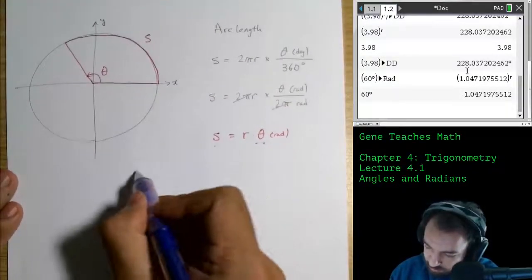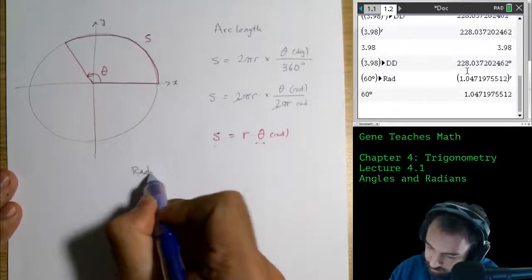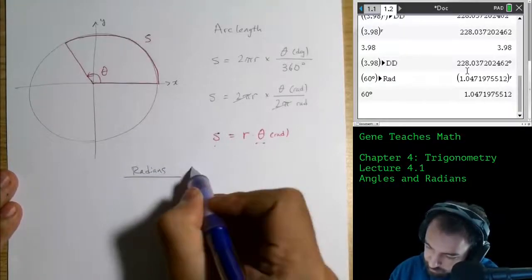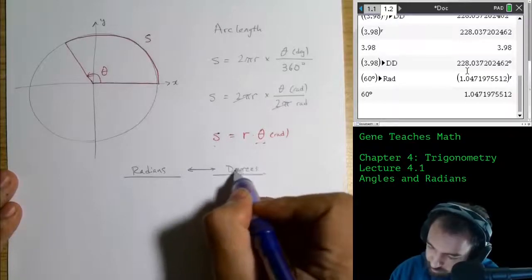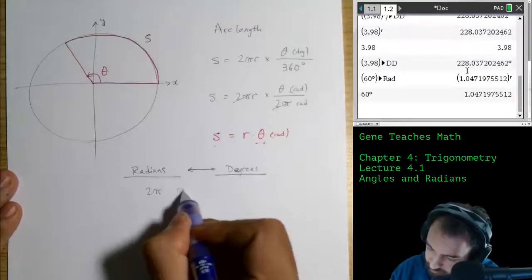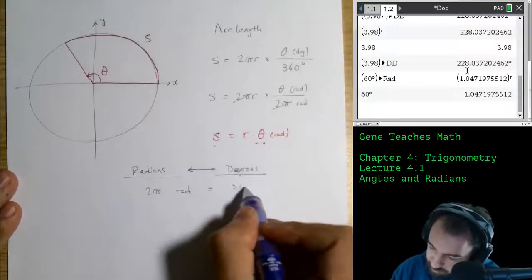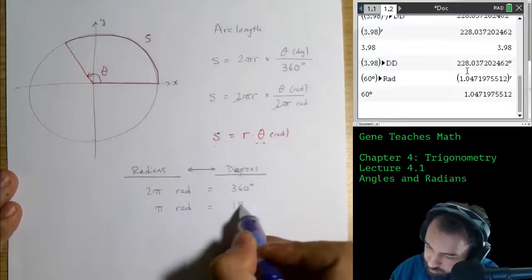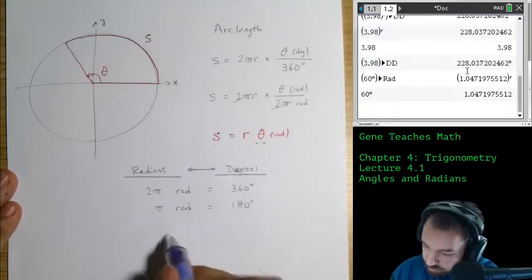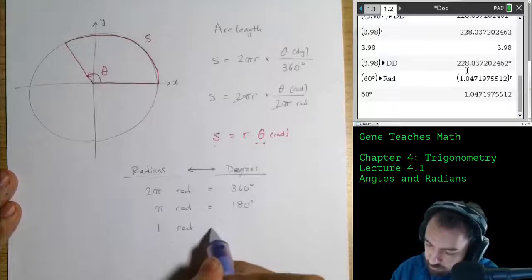And so the conversion is radians to degrees. We know it's 2 pi radians for every 360 degrees, which means it's pi radians for every 180 degrees. So what if we ask the question, what is 1 radian?